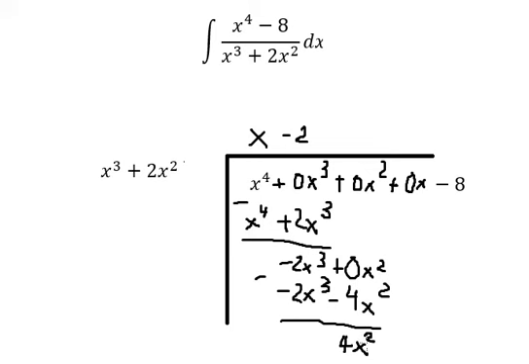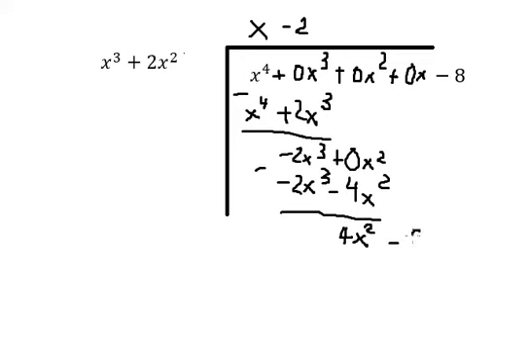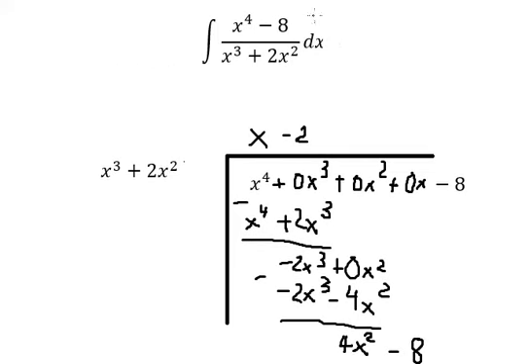We see that 4s squared is smaller than s to the power of 3. And now we put negative 8 in here. So this one we will have s minus 2, we put in here. And 4s squared minus 8, we need to put in here.